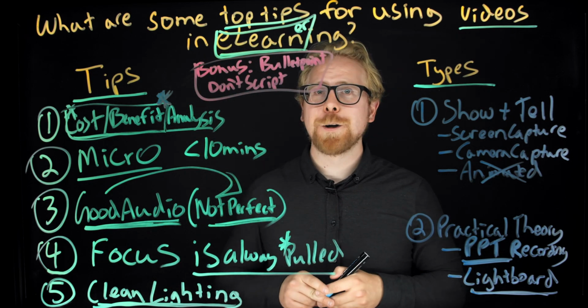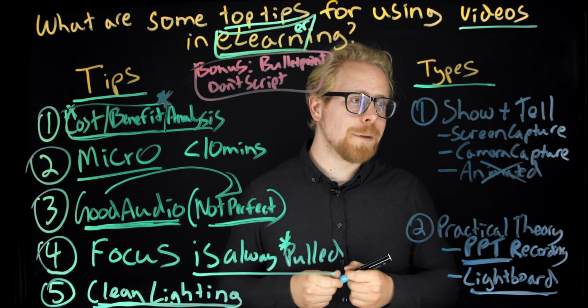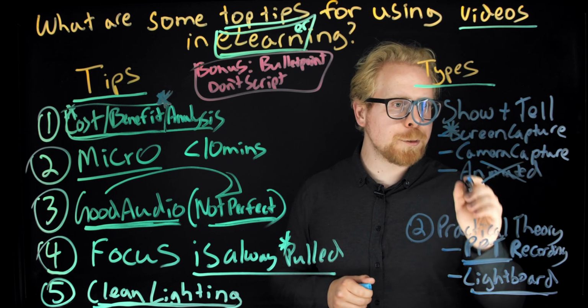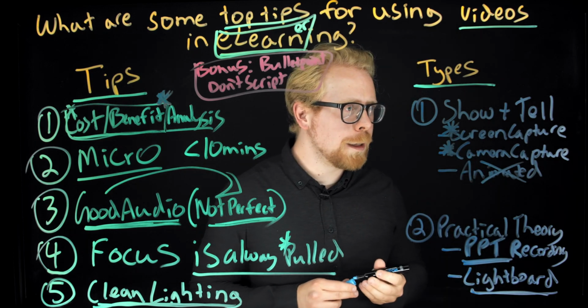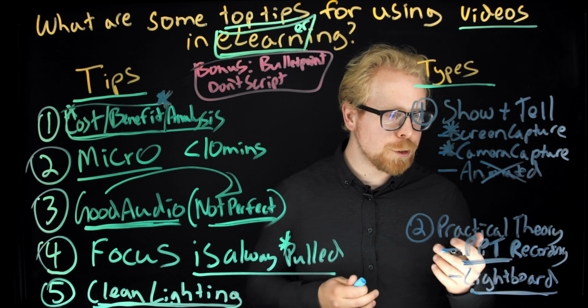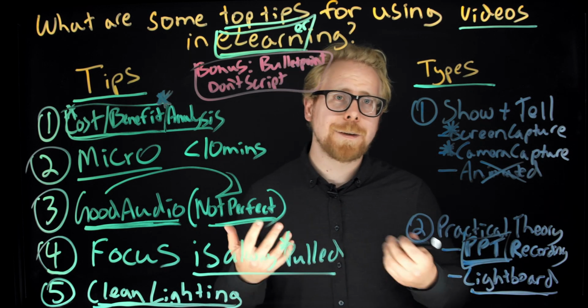So if your budget for your entire project is 10 grand and you have to build 30 hours of video, well, you're probably looking at a lot of show and tell videos, screen capture, a lot of phone-based capture, so using your camera on your phone to capture show and tell. And then for practical theory, you're probably doing PowerPoint recordings. And that's fine, that's going to work.